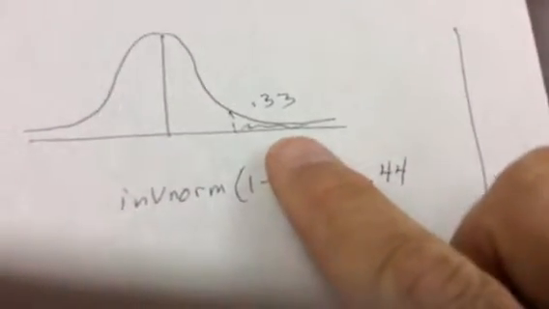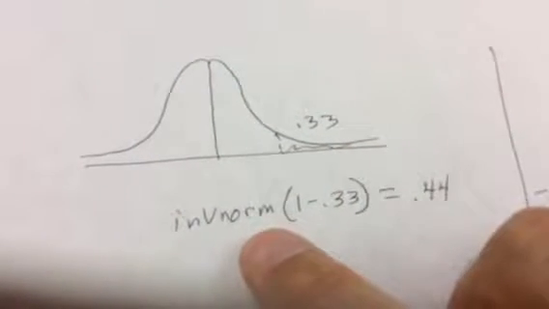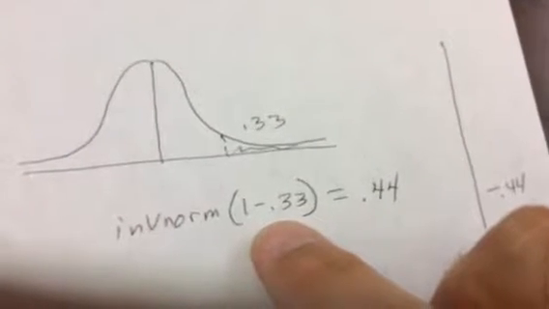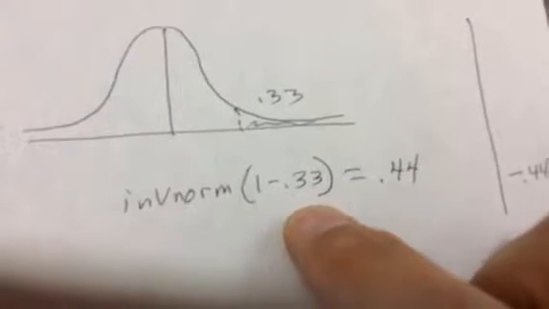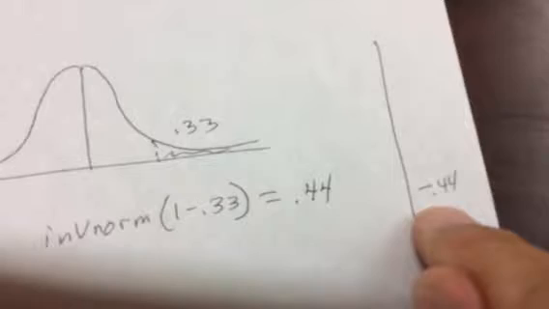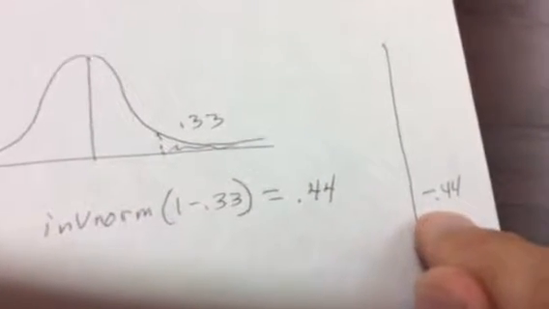So that means find the z-score that insinuates a right tail area of 0.33, which makes this another inverse norm problem because we're looking for a z-score. But again, on this problem I have to take 1 minus 0.33 because your calculator only understands left tail areas. And so the answer was 0.44. I think, once again, you inverse normal 0.33, which gave you negative 0.44.